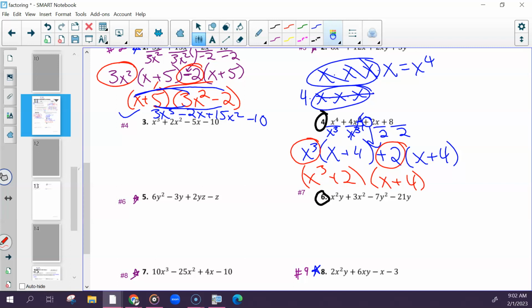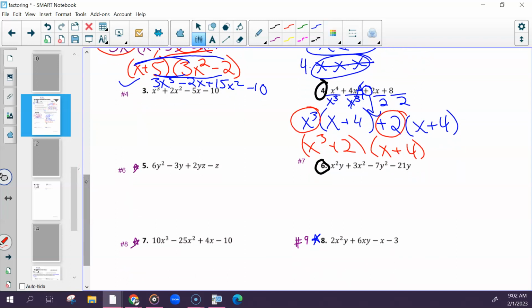Tegan, can you show our checkers? Yes. Okay, so multiply the first together, x to the third and x. What would that give us? Remember, you're just adding the exponents. X to the fourth. Then you're multiplying the outer, so x to the third and 4.